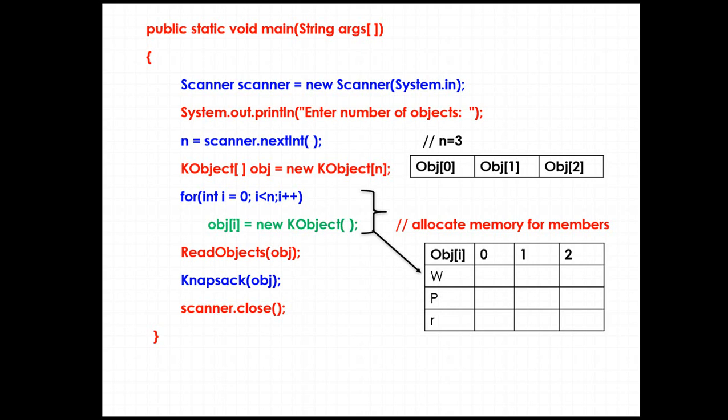In your problem, after dividing, you are going to arrange them, right, in decreasing order. That's the step. Even that is going to be done in the read object function itself, right? Next, after that we'll come back and we are going to call the knapsack function, where we are going to place the objects into the knapsack bag, right?